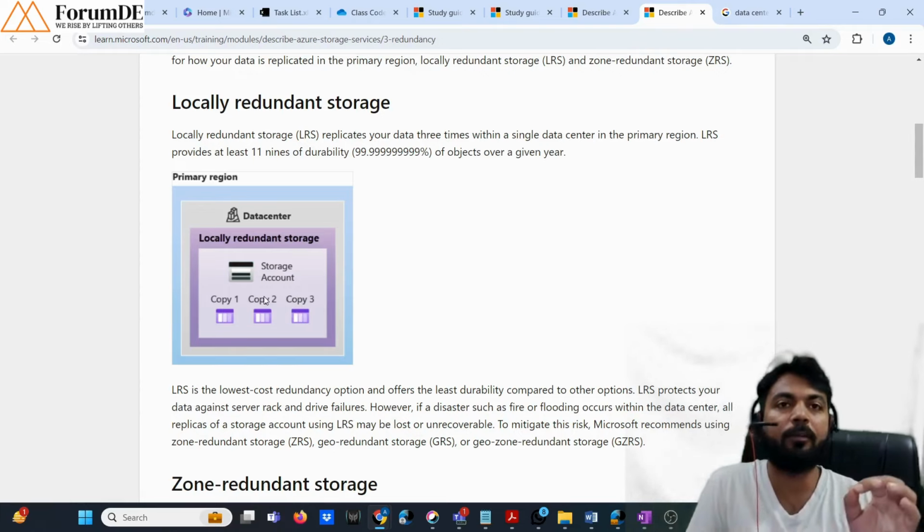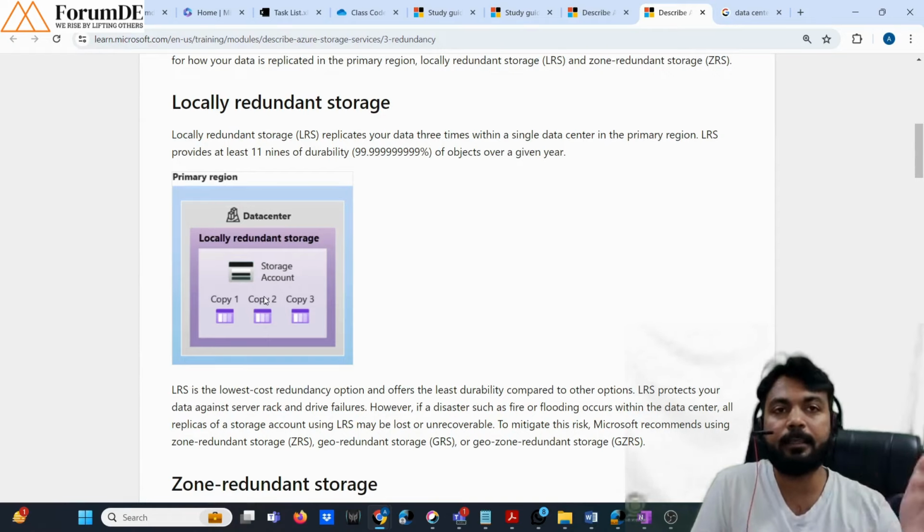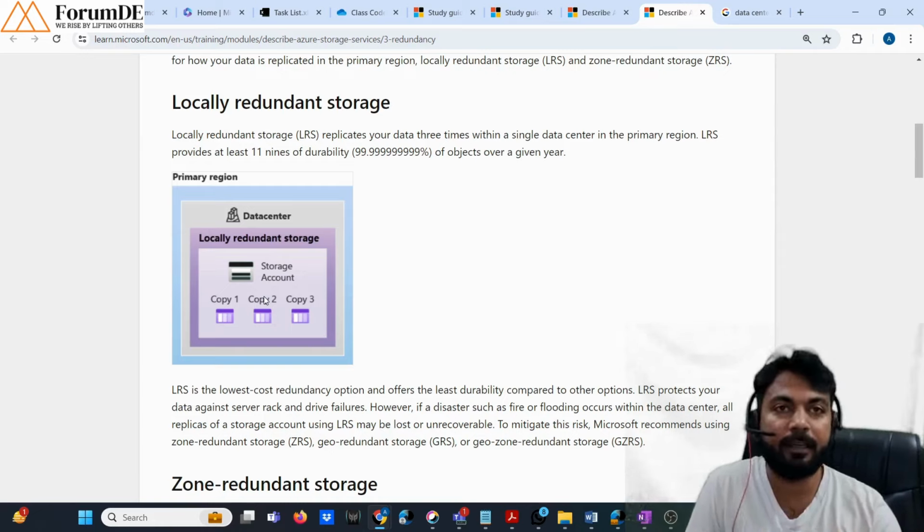If we have kept only one copy of data, then the availability of data would be low. But if we are keeping the copy of data three times in different racks, then the availability of data increases. It saves us from not being able to access data in case of hardware failure.